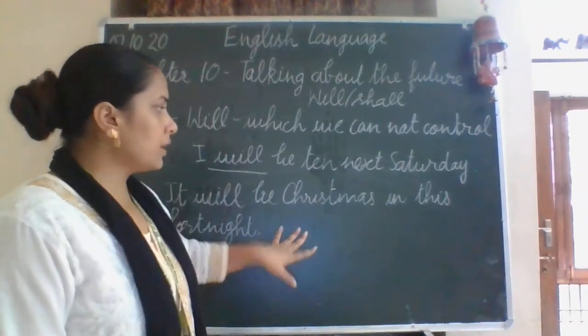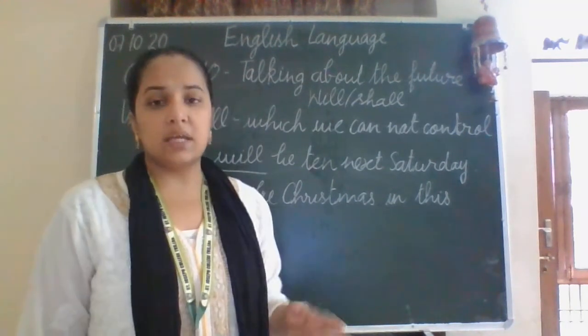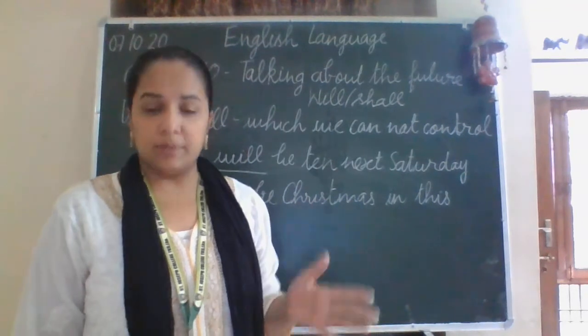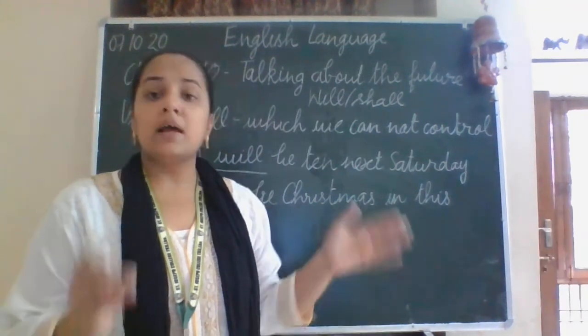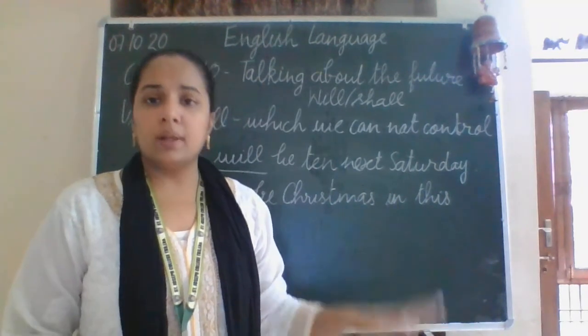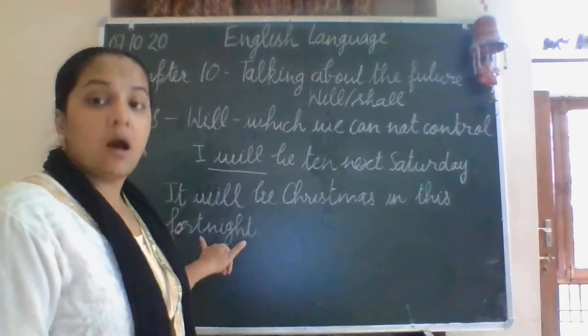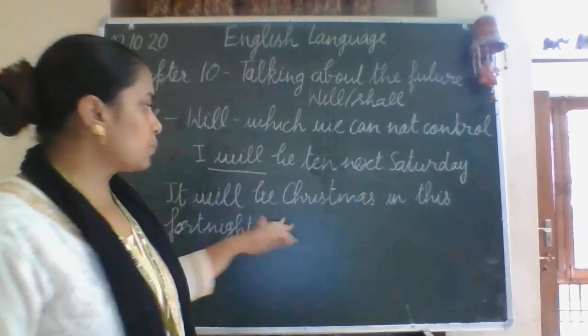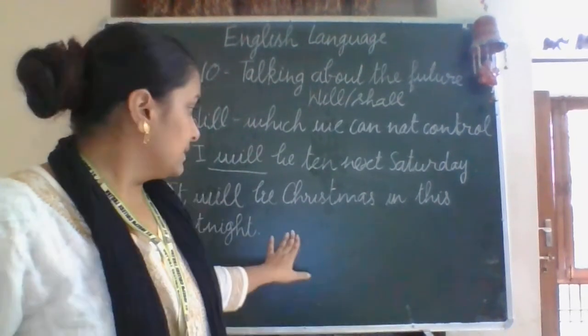Suppose I'm stating this sentence today, I'm saying in 10 days it will be Christmas. So we cannot control it. The Christmas will happen after 10 days. So that will be within the fortnight. That is why I have used will in this particular sentence.